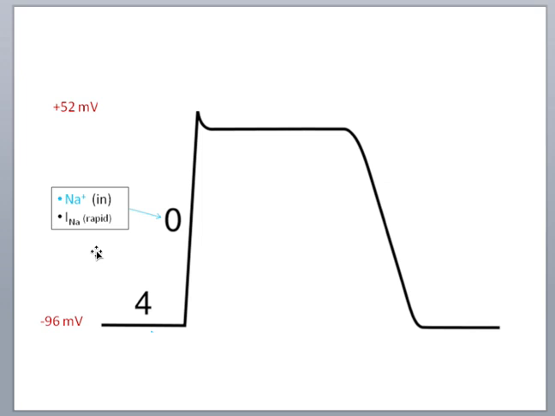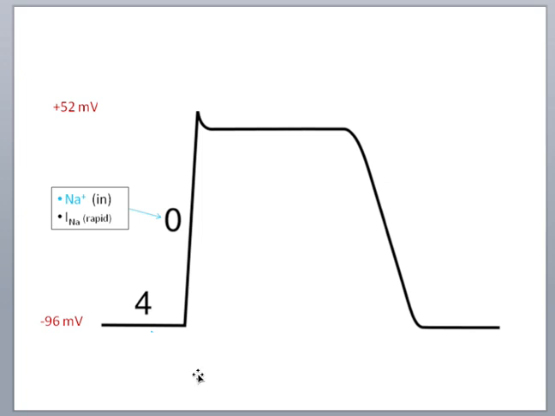And this makes the cell positive, which is seen here by this big long spike up to the positive. So we went from negative 96 millivolts to positive 52 millivolts. That's a heck of a jump. That's a 150 millivolt difference. And that's all because the sodium ions are flowing in right through those sodium channels that have now opened.